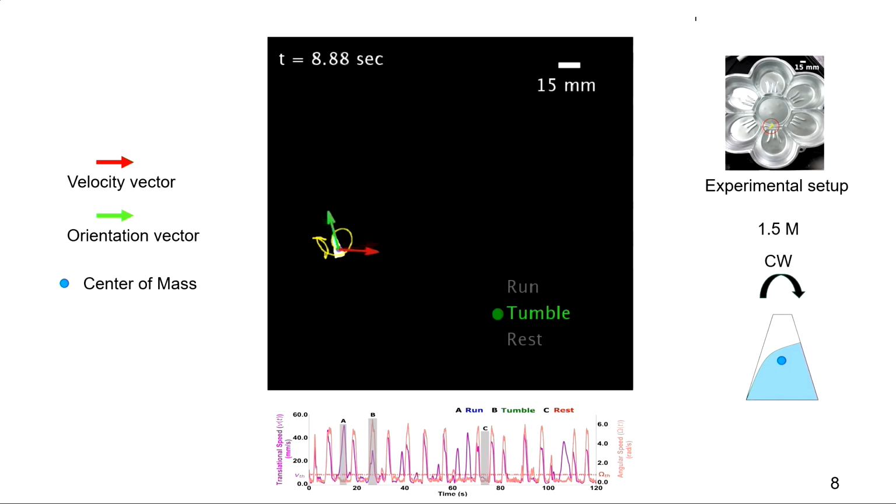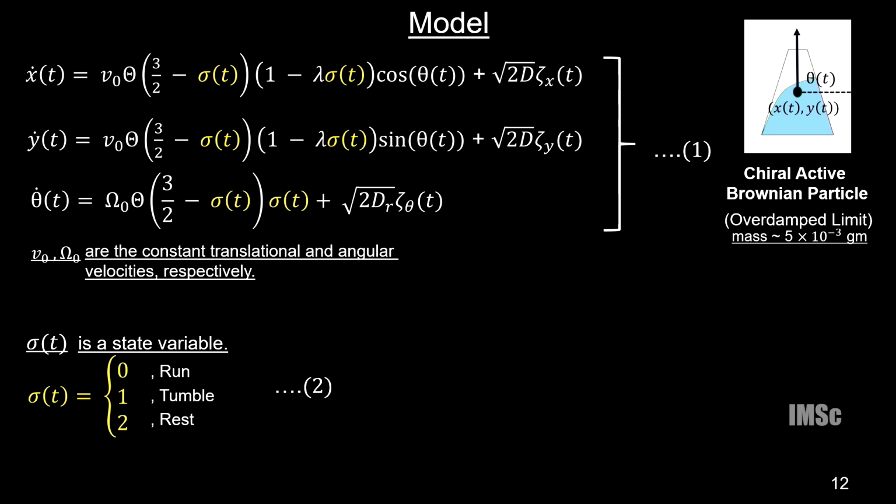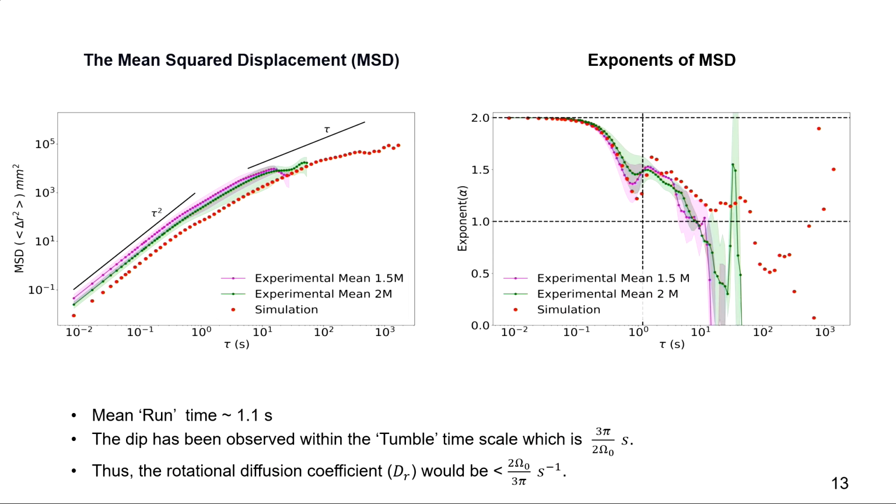Can you explain the MSD plot once again, and what are the features of it? Initially there is a ballistic motion for a short time scale. There is a slow crossover. I think this slow crossover is coming due to the tumble in the rest state.